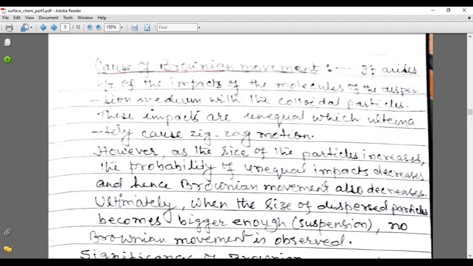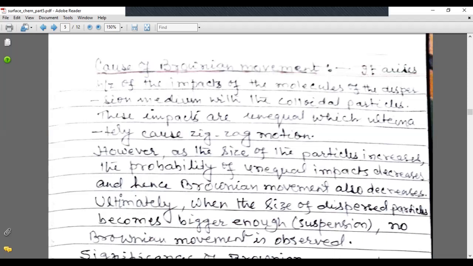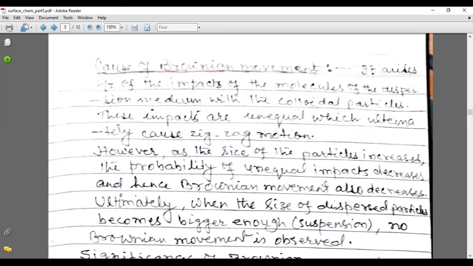However, as the size of the particles increases, the probability of unequal impact decreases, and hence Brownian movement also decreases. So ultimately, when the size of the dispersed particle becomes big enough, no Brownian movement is observed.